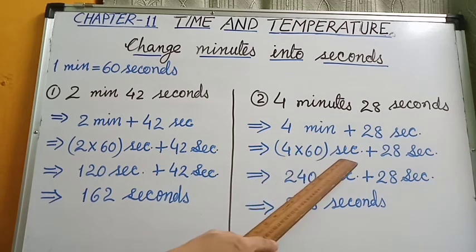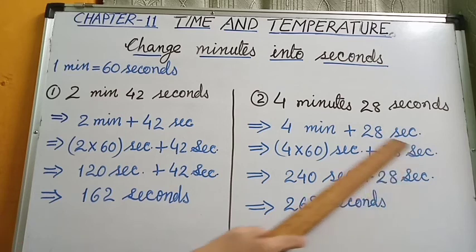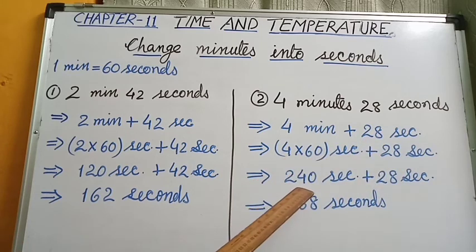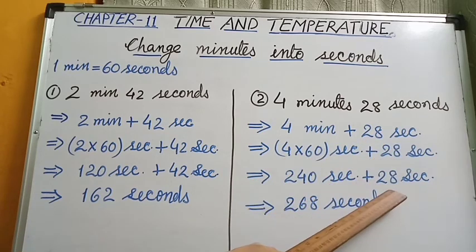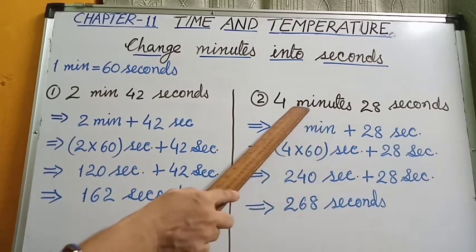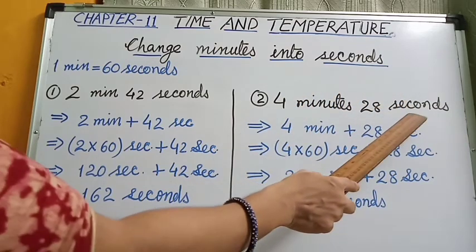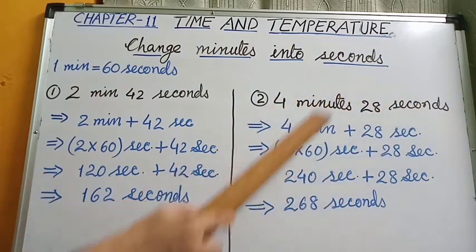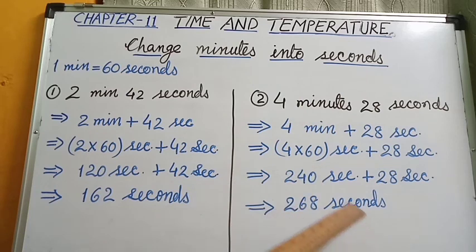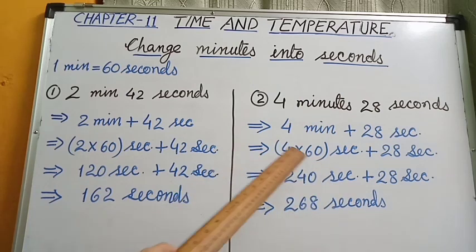So 4 into 60 seconds, and here 28 seconds. So 4 into 60 is 240, and here 28. 240 plus 28 is 268 seconds. So here the time is given in minutes and seconds, and we have converted the whole into seconds. So by multiplying with 60, we can convert minutes into seconds.